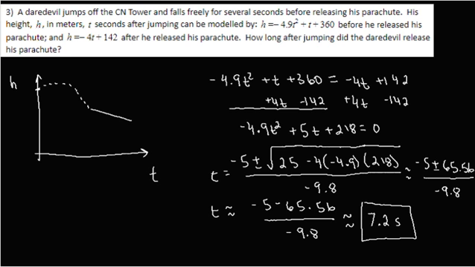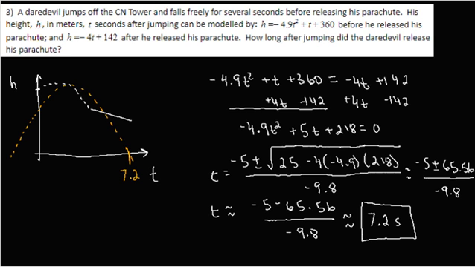Real quickly, when we model them as this one quadratic right here, we get something like 360 plus 218 as our y-intercept. That negative t back here doesn't make sense, we can't have a negative time. So 7.2 seconds is when he released his parachute.